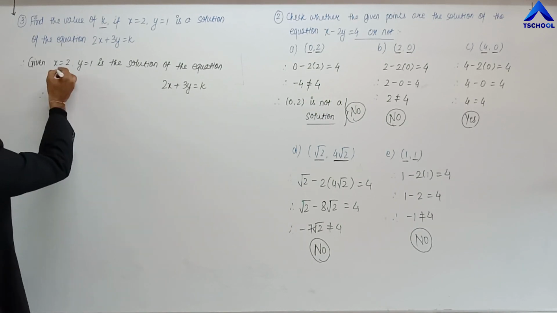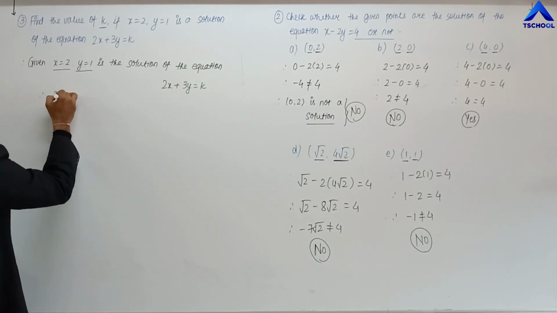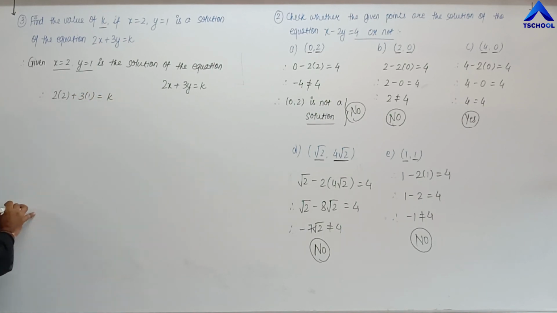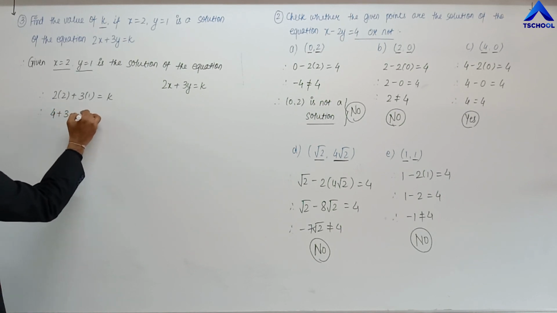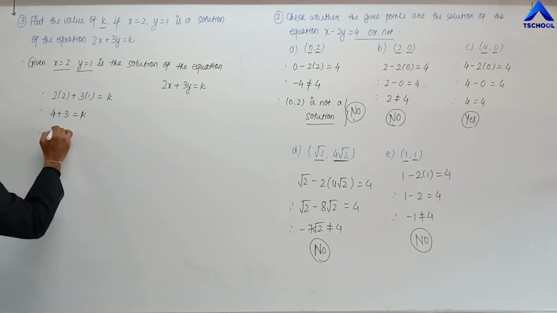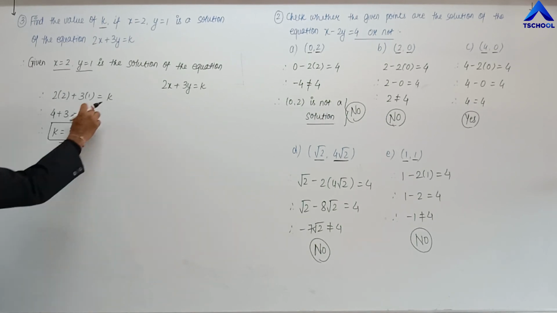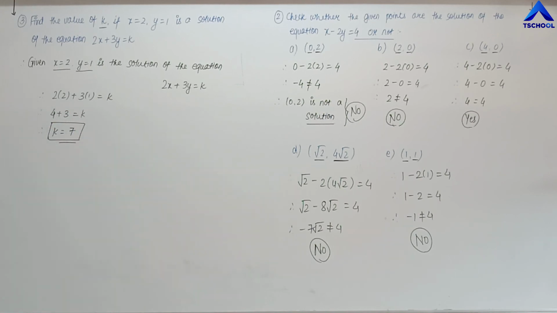Therefore, what we will do, in place of x we will put 2, in place of y we will put 1, that is 2 into 2 plus 3 into 1 is equal to k. Right, now friends, you can see that whatever value we get here will be the value of k. Therefore 2 into 2 is 4 plus 3 into 1 is 3, which is equal to k, and hence k is equal to 7. So the value of k that we require is 7, that we obtained from the given equation.